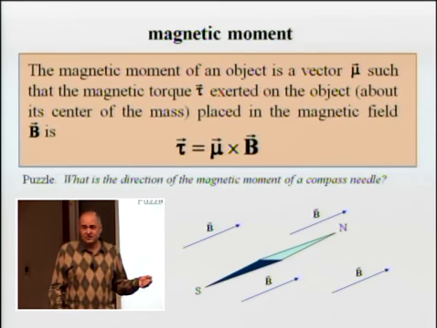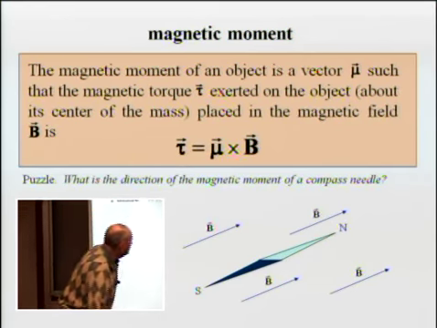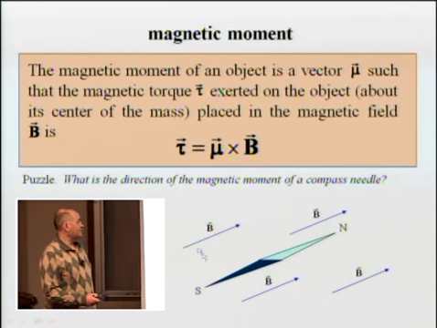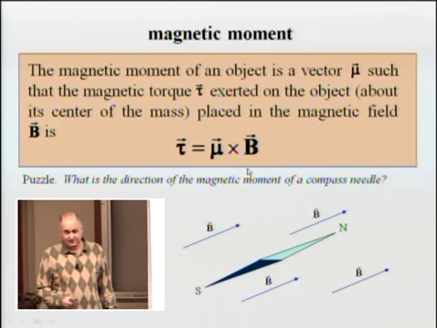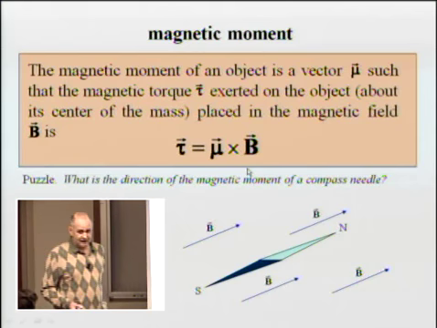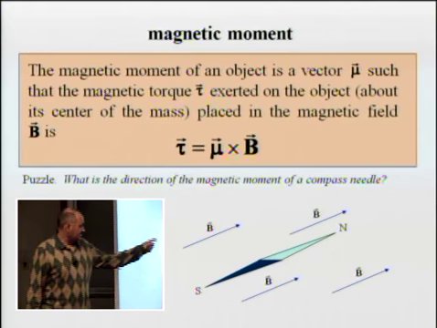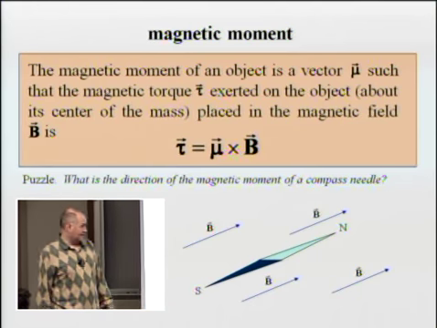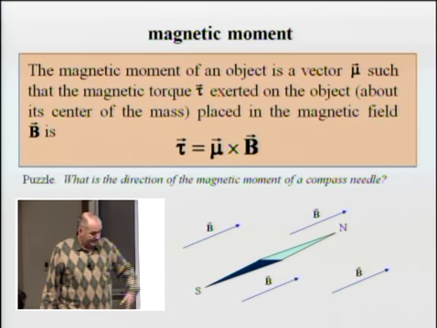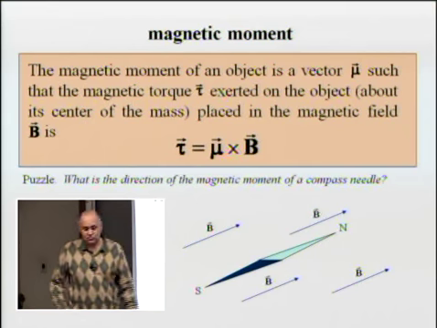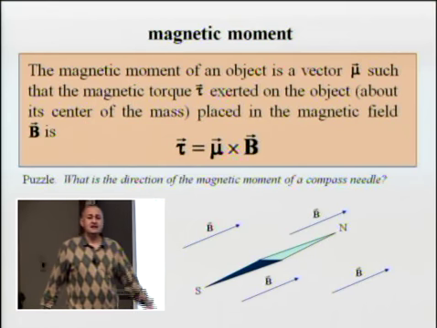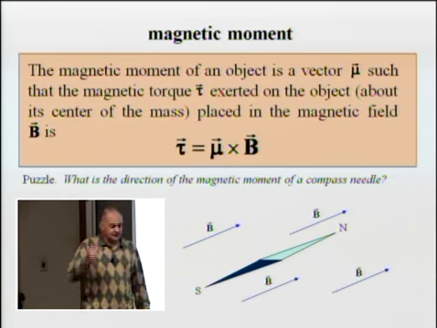If it is opposite, then formally we will have sine of 180 degrees when we calculate the magnitude, which also happens to be 0. But no matter what, we see that in this configuration, magnetic moment has to be either in the same direction or in the opposite direction as the magnetic field vector.